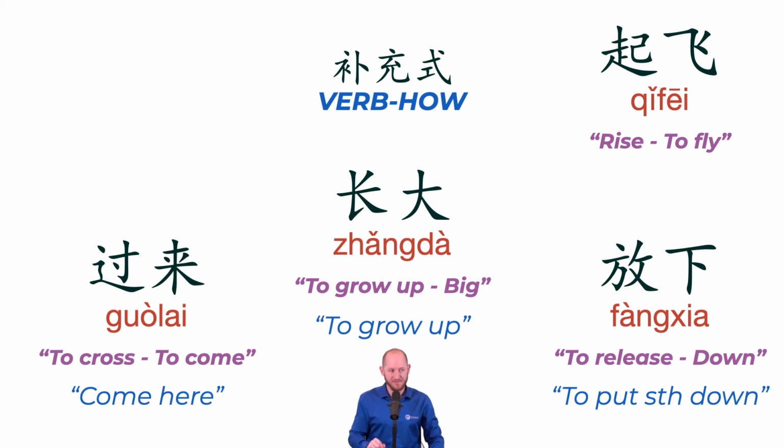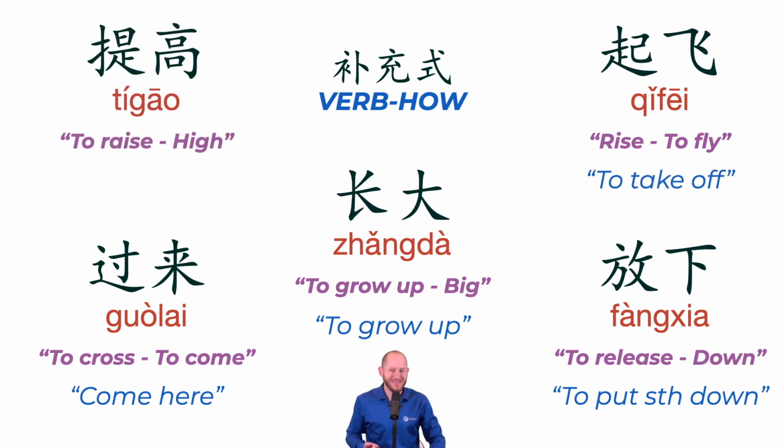This one's pretty easy. 起, to rise, with the result of flight. 飞, well, that means to take off. So you'll hear that a lot on airplanes. You'll hear 飞机即将起飞. So 飞机 means plane. 即将 is a kind of formal way of saying about to, and then 起飞.